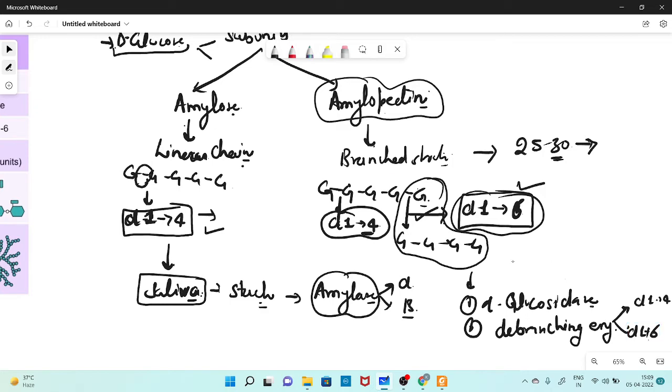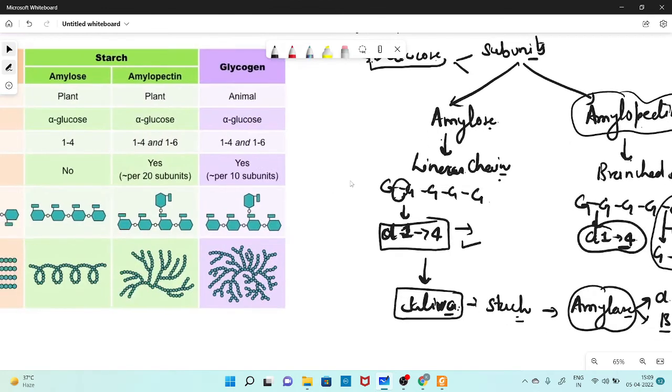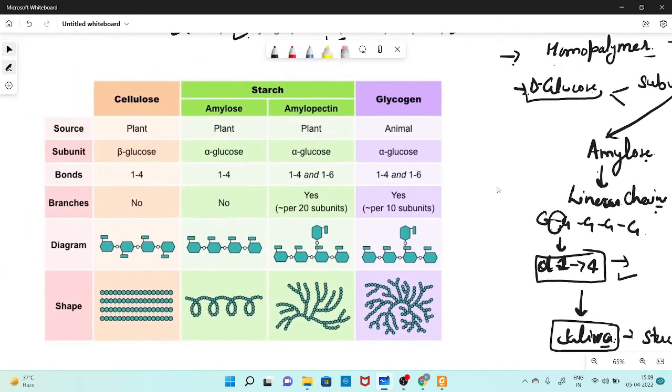Now let's discuss another point. I have a picture here, so we can discuss it here also. As we discussed, starch is present in the plant. A very important point: it is present in two forms, amylose and amylopectin, the linearized form and the branched form. The bonds are alpha 1,4, and 1,6 bonds in the amylopectin.